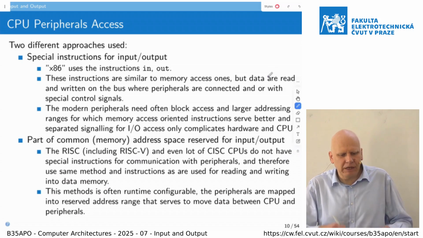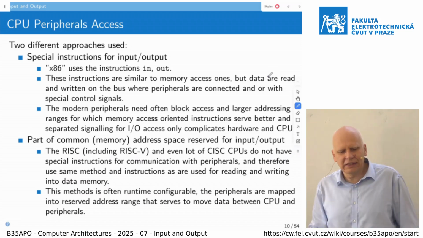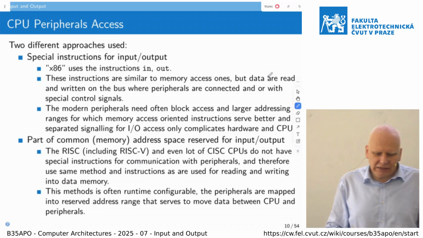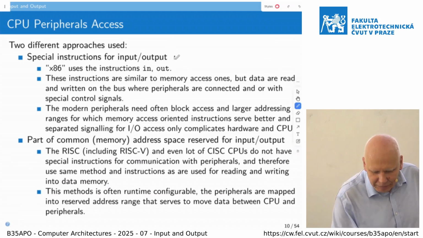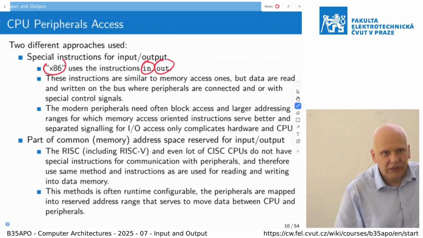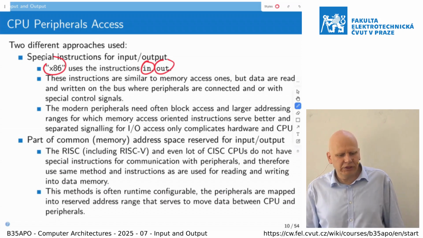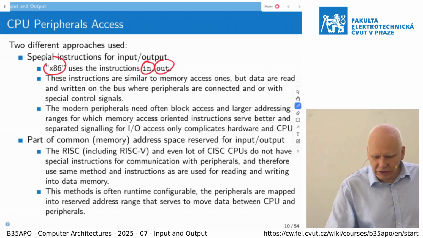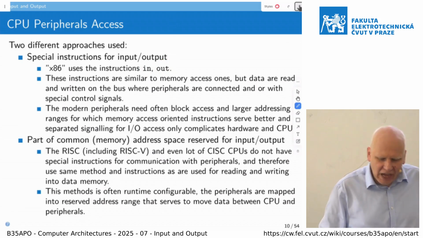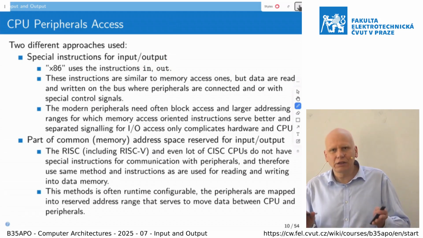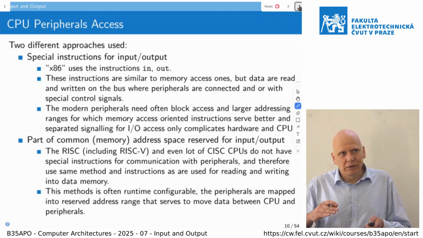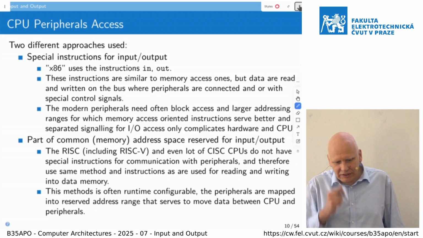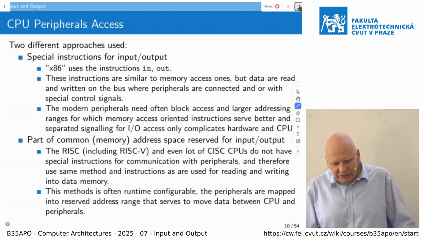As we have spoken about those mechanisms, how we can access the peripherals, the historical von Neumann concept was that there are specific instructions for input and output. So on the x86 Intel processors, you can find those specific instructions which are used for the access of the peripherals, which are mapped to a relatively small address space of 64K registers.